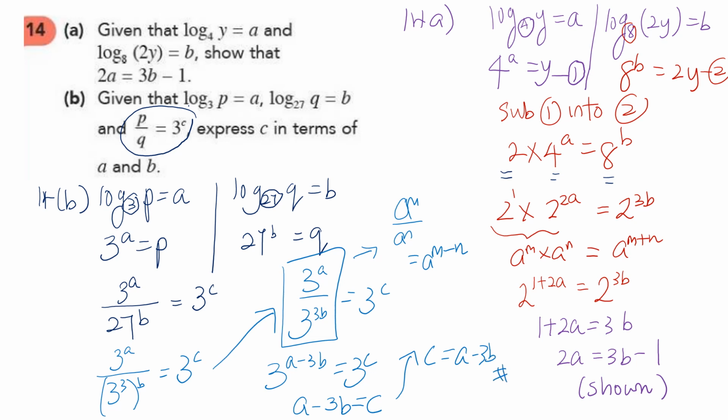Right, and that's it. If you look at both questions, look at question 14, you will find that whatever you've learned in the chapter of indices is very important. So if you have forgotten all the rules in this chapter, please revise all the rules again.